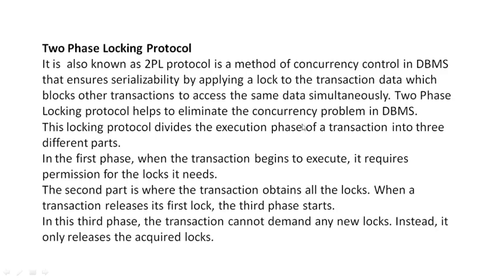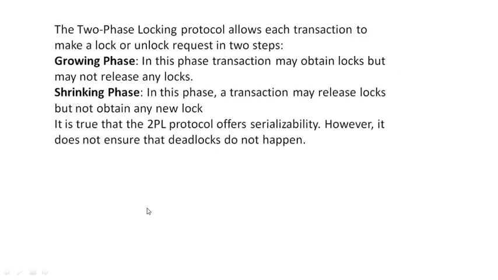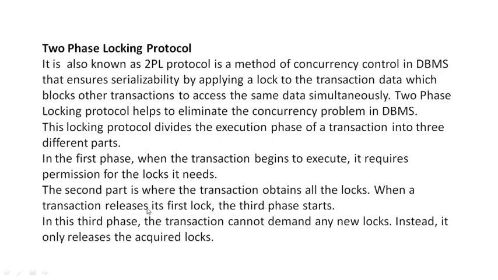So this one will eliminate the concurrency problem also. This will have three different parts. The first one is when the transaction begins to execute, it requires permission for the lock. Means it has to get the permission for the locks is the first step. And in the second part, it needs to maintain all the obtained locks.